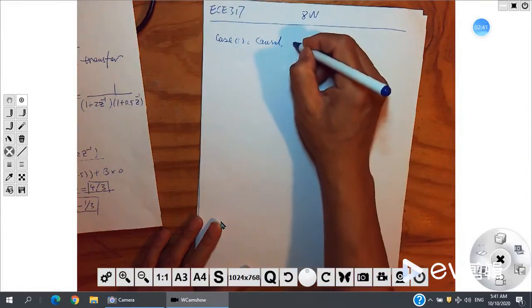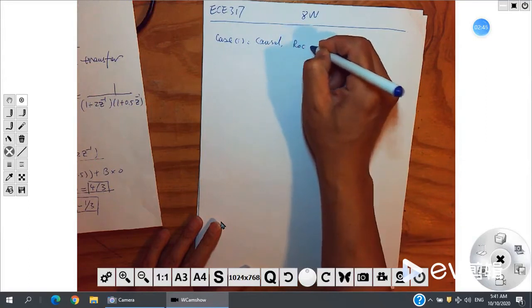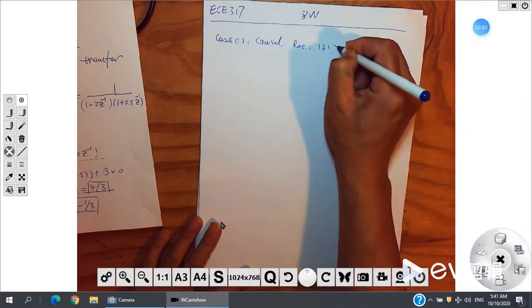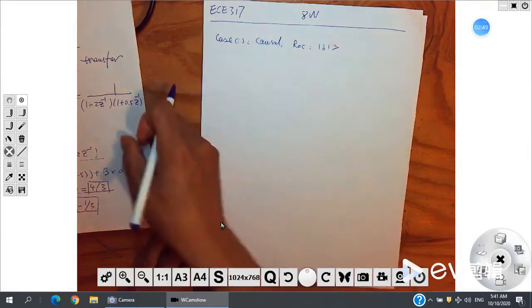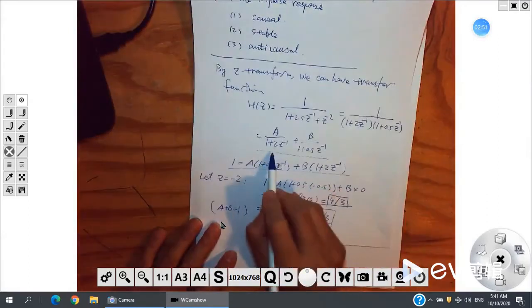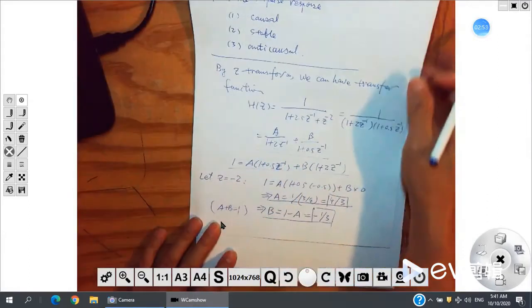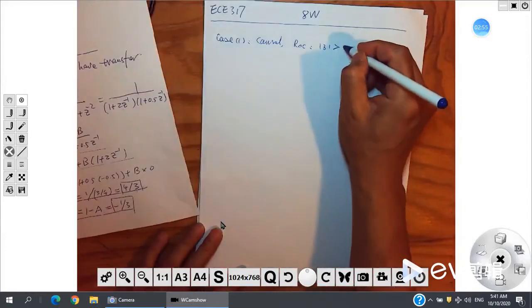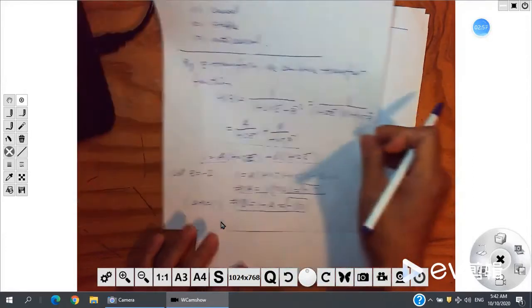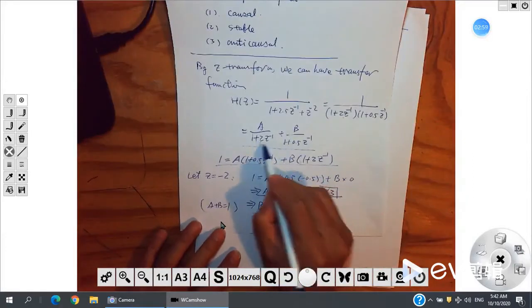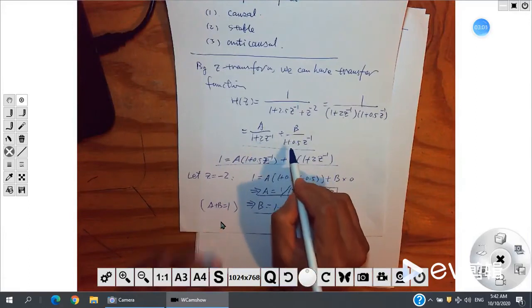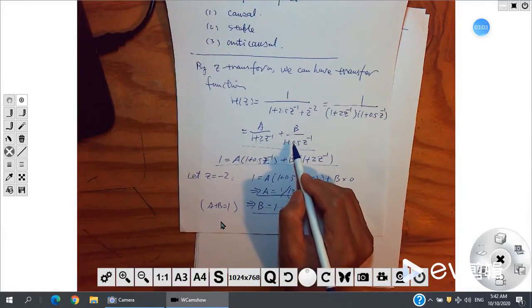Then we know the RC should be like this. RC will be z larger than, I have 2 numbers, 2 and 0.5, so it should be larger than 2, larger than the larger one, right? These 2 poles, I have 2 poles, 2 and 0.5, so I want it larger than the larger one.